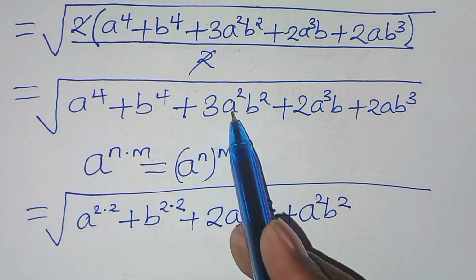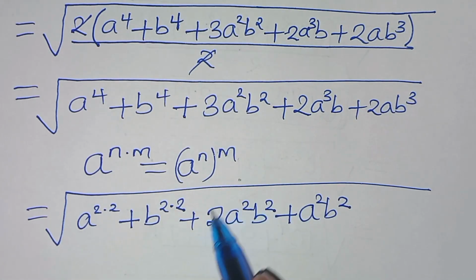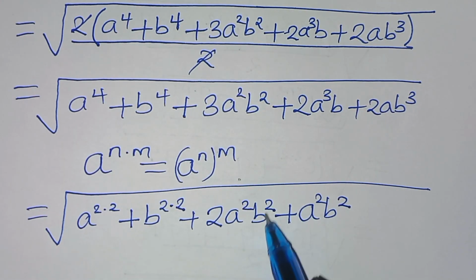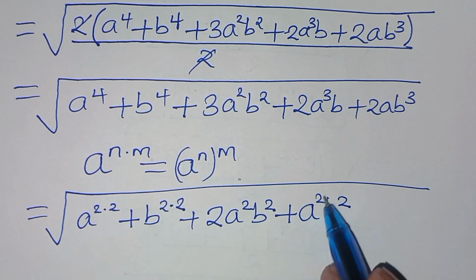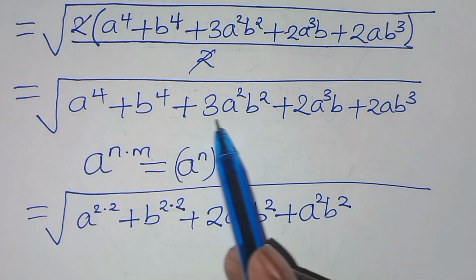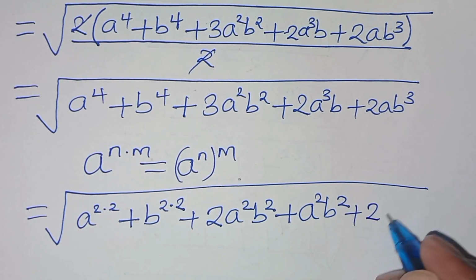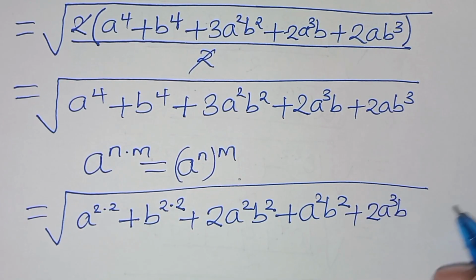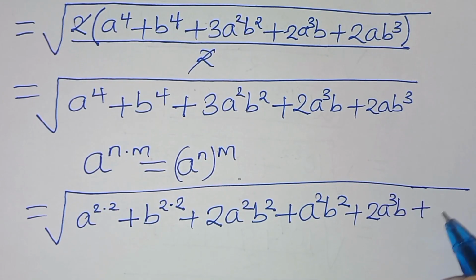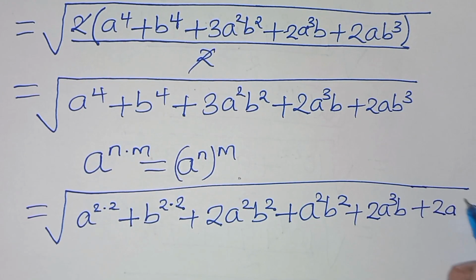So here we have 3a to power 2, b to power 2, so we can express this as 2a to power 2, b to power 2, plus a to power 2, b to power 2, which is the same thing as 3a to power 2, b to power 2, then plus 2a to power 3, b, then plus 2ab to power 3.